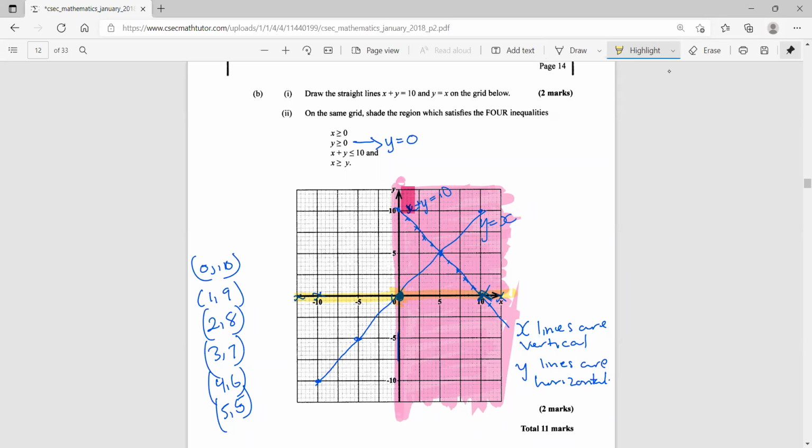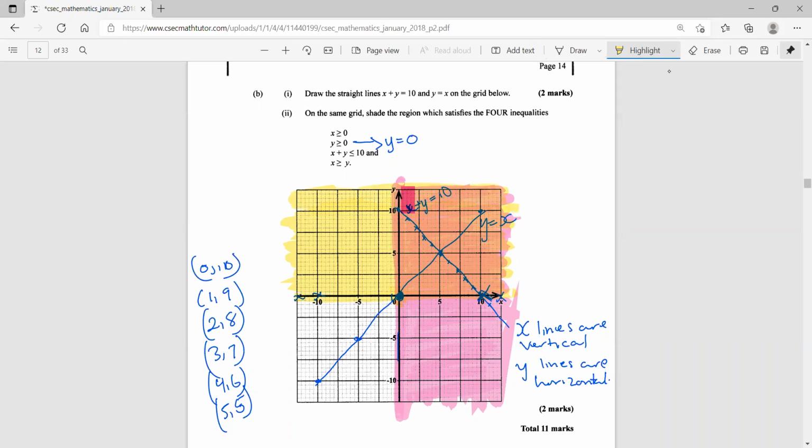All right, and now we want y is greater than or equal to 0. So where are we going? Up or down? Up. All the way up. Everybody with me? Any questions while I'm shading? So we have two regions. Wait, hold on. Why is shading on the left-hand side? Because all the numbers on top is positive.